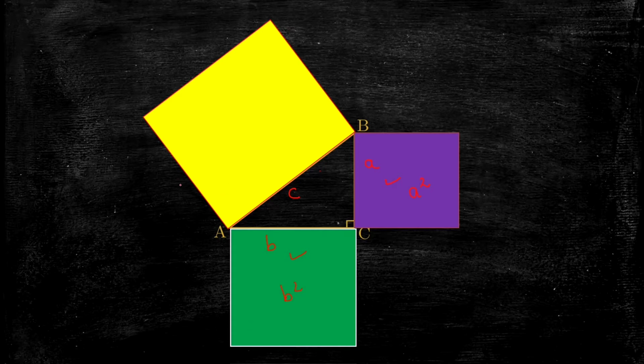And since here all the sides are c, the area of this square would be c square. So what Pythagoras found was c square, the area of that big square, is equal to the sum of the areas of the other two squares, which were produced by the legs of the right angle triangle. So this was Pythagoras theorem.